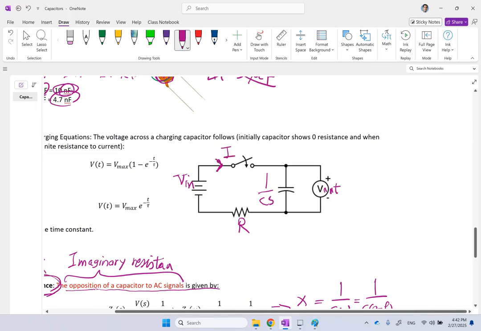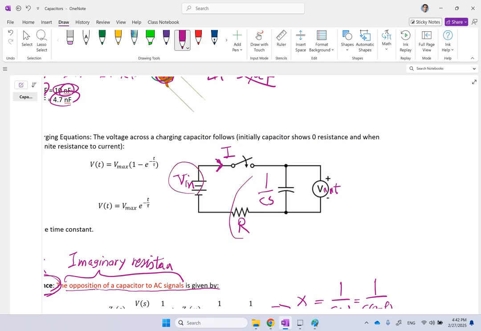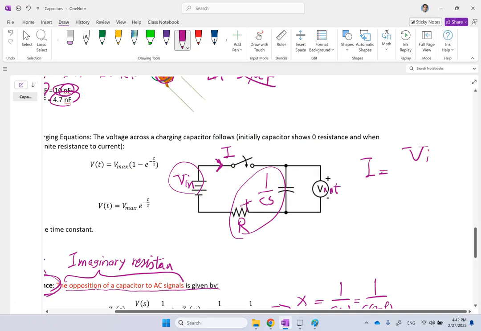It is not really hard to show that. Since these are like two resistors in series, the total resistance is the sum of these two. So if you divide the total voltage by the sum of these two, that will be your current. So I here is V in divided by R plus 1 over CS.